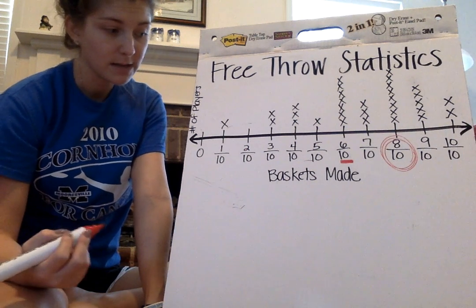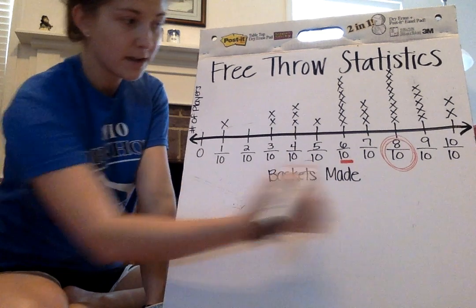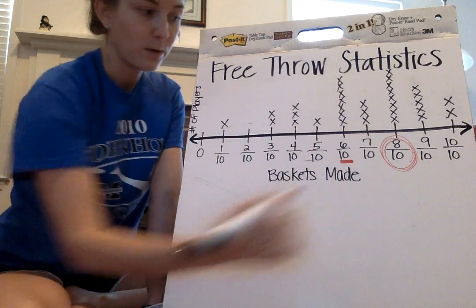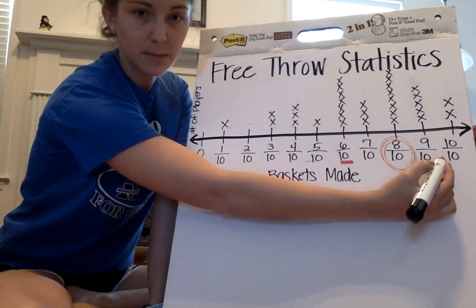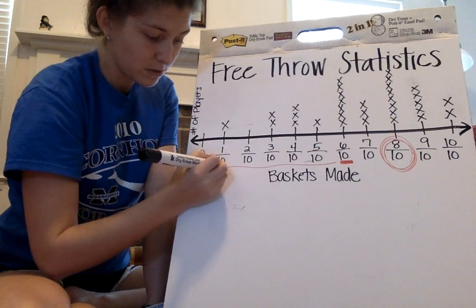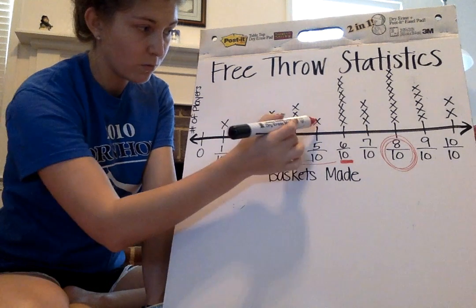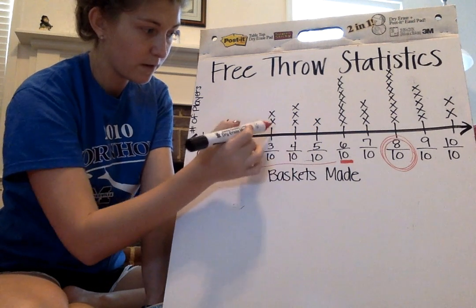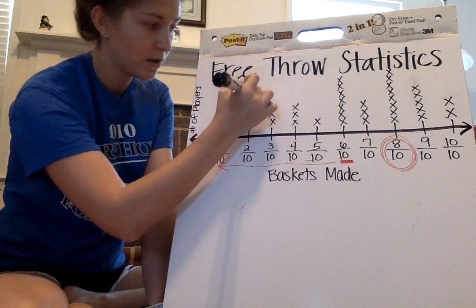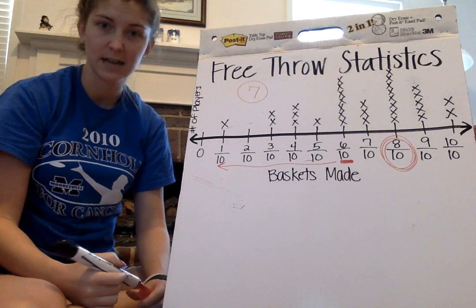Well, when we think about less than, we have to look at our line plot and know, are we going to go to the left or to the right? And if we look, our fractional pieces get bigger to the right. So that means that we're going to be looking to the left. And there were 1, 2, 3, 4, 5, 6, 7. So there are 7 players that made less than 6 out of 10.